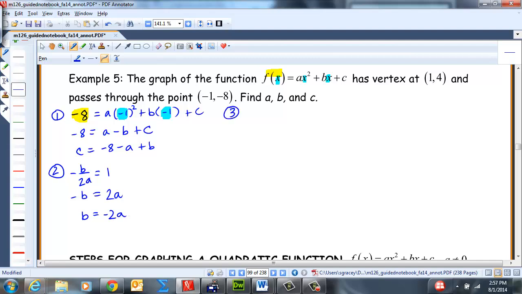Now, thirdly, remember that sort of mean-looking equation for k. So k, which is 4, is going to be equal to 4ac minus b squared all over 4a. So from that information, what would we get? 16a is equal to 4ac minus b squared.